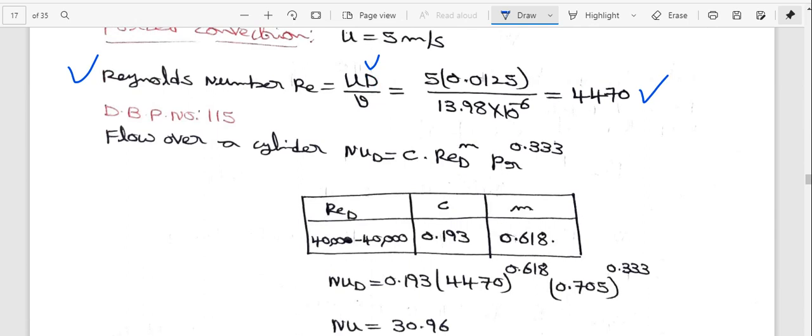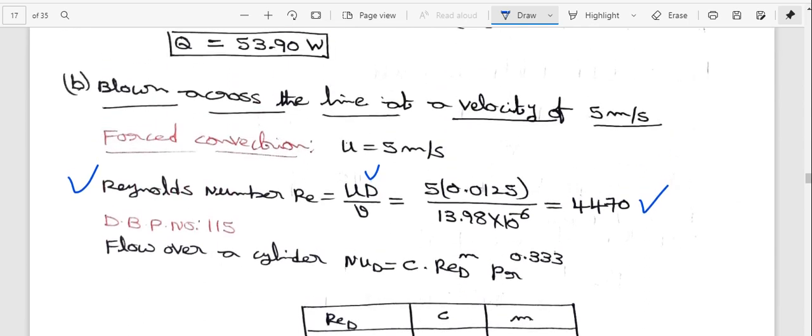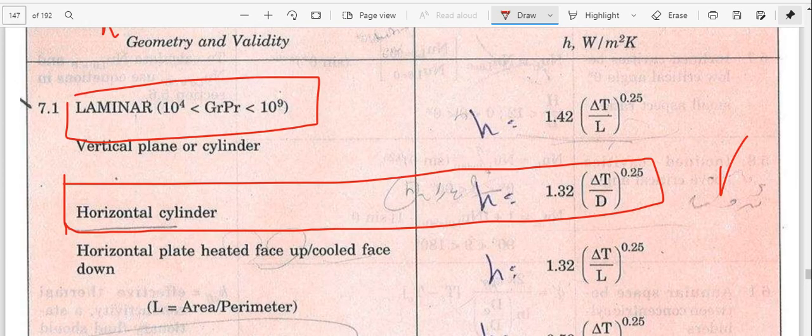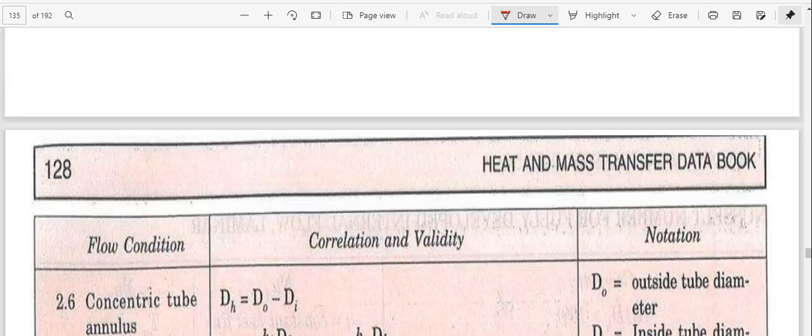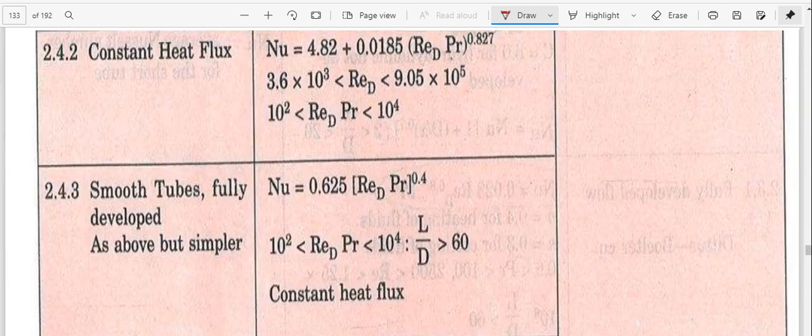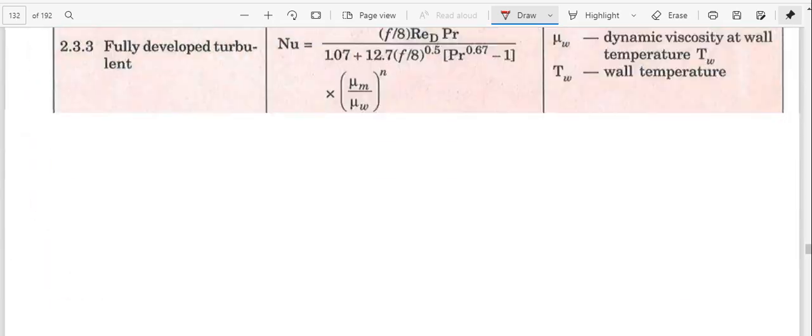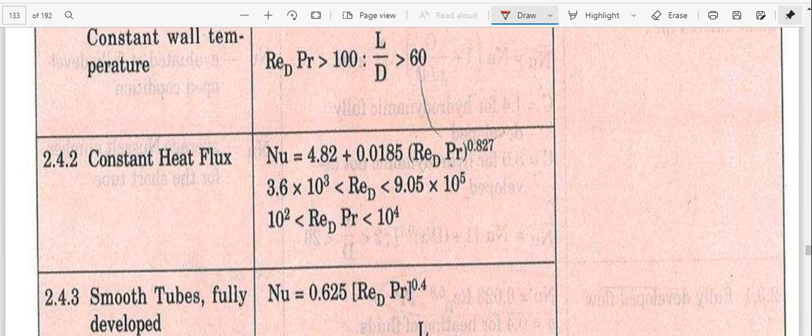This is also laminar flow. This is a cylindrical object, so in forced convection we need to take flow across the cylinder.